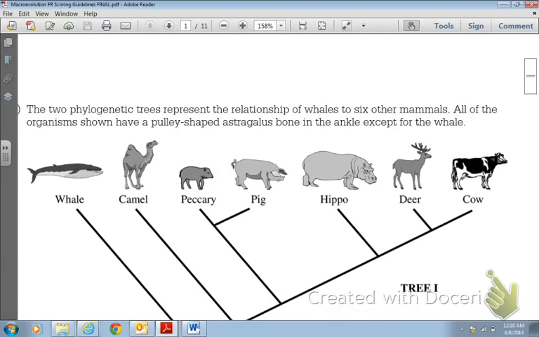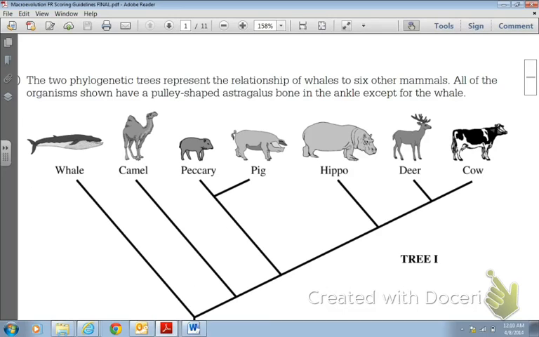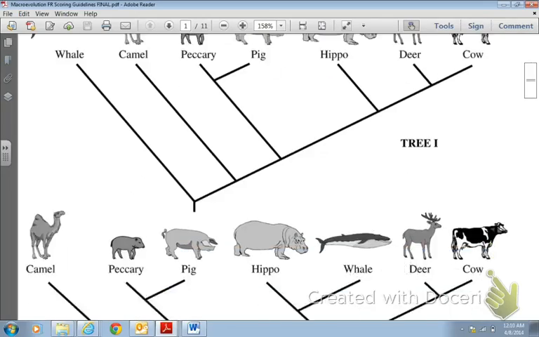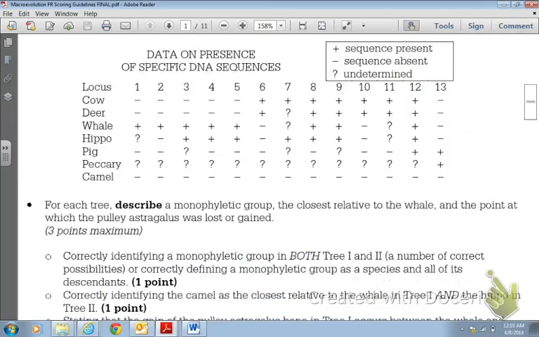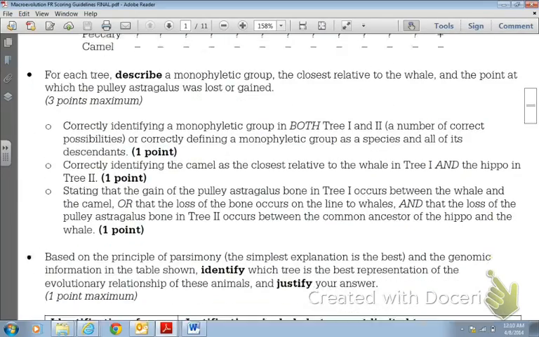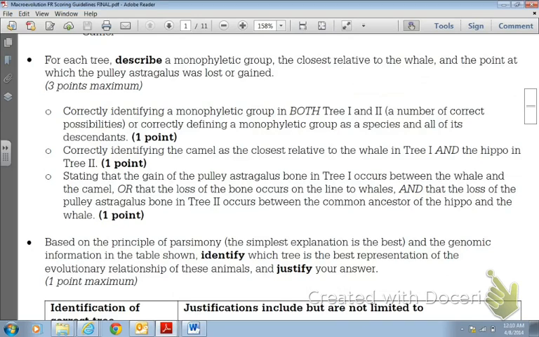Okay, so here's your trees. For each tree, describe a monophyletic group, the closest relative. So you have 3 questions. Again, monophyletic group, closest relative, and where this ankle bone was lost or gained.